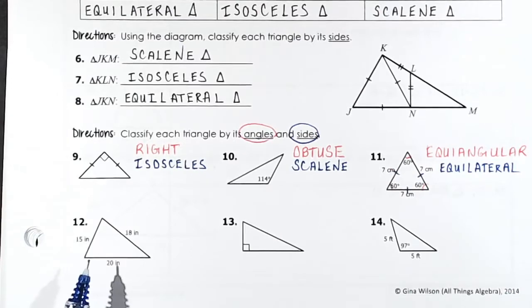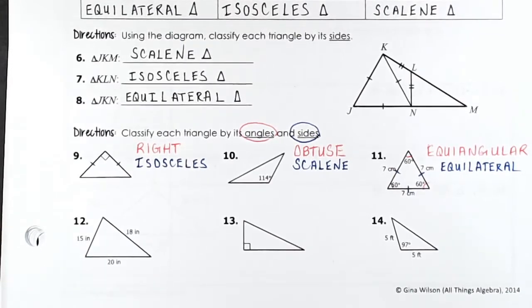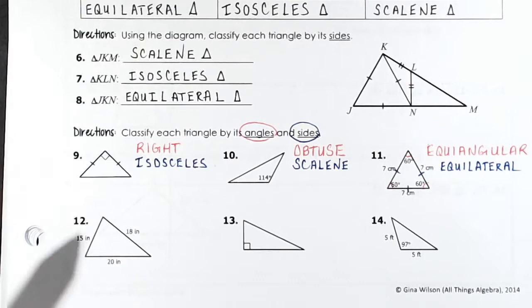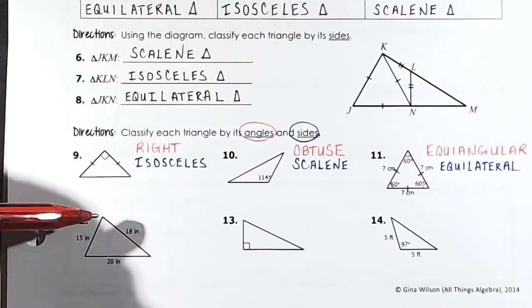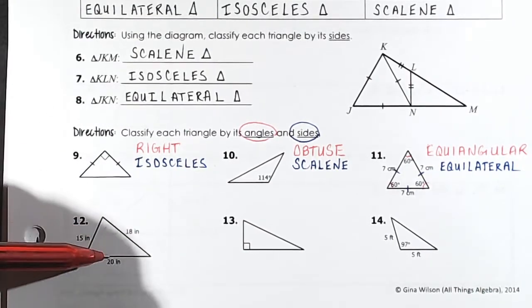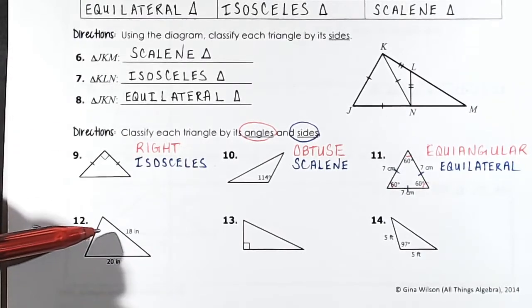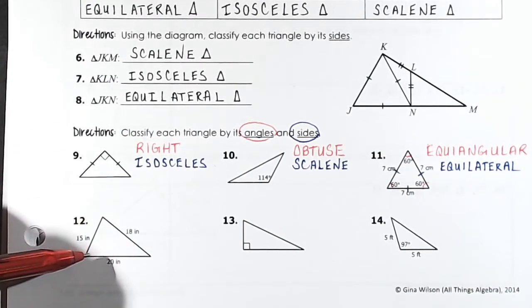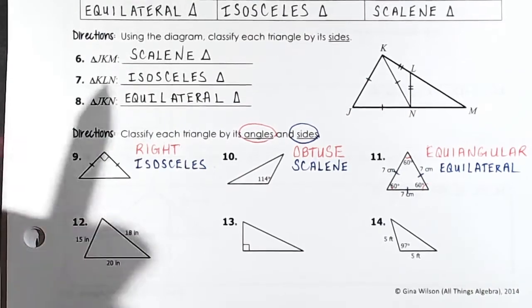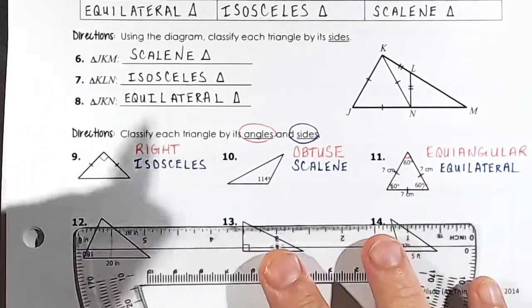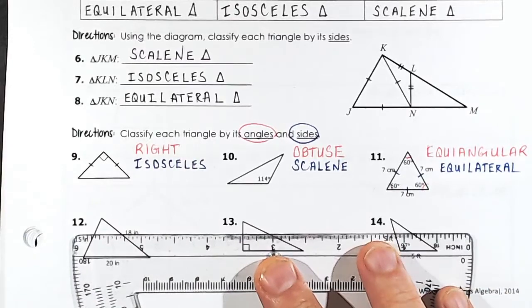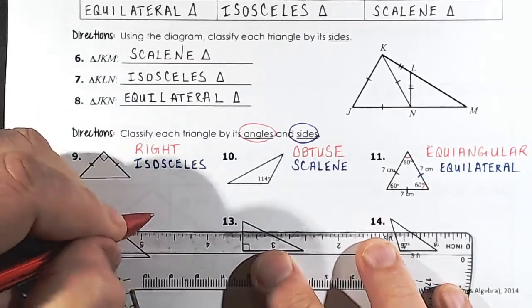Okay, on to number 12. Notice here that we're given no indication that any of these angles are the same. But it's plain from the picture that none of them are obtuse. Can you see that? None of them appear to be greater than 90 degrees. And so we can classify this as the opposite of an obtuse triangle, which would be an acute triangle.